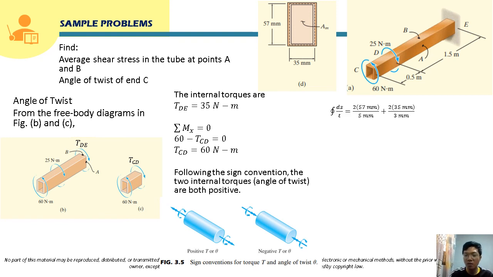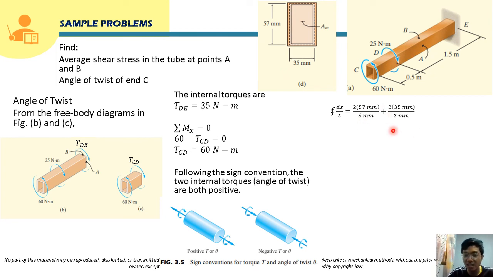So let's now apply our solution to solve for the angle of twist. Class, for the solution for hollow tubes, we have this term in the formula: the line integral ds over t. So this is the summation of the length of the center line, or the middle line, in the mean area, over its corresponding thickness.